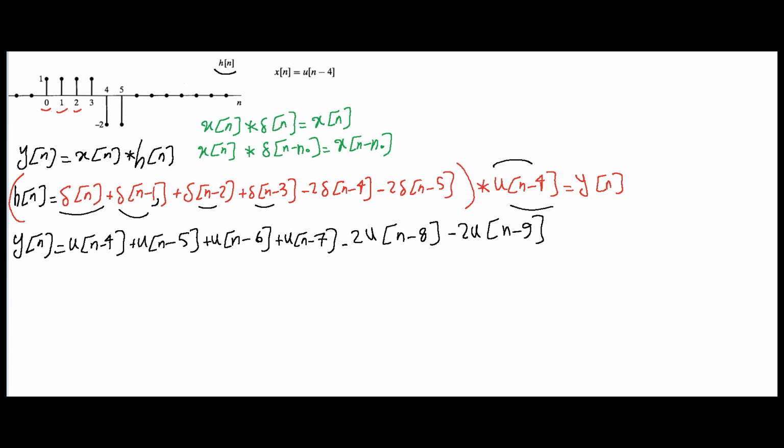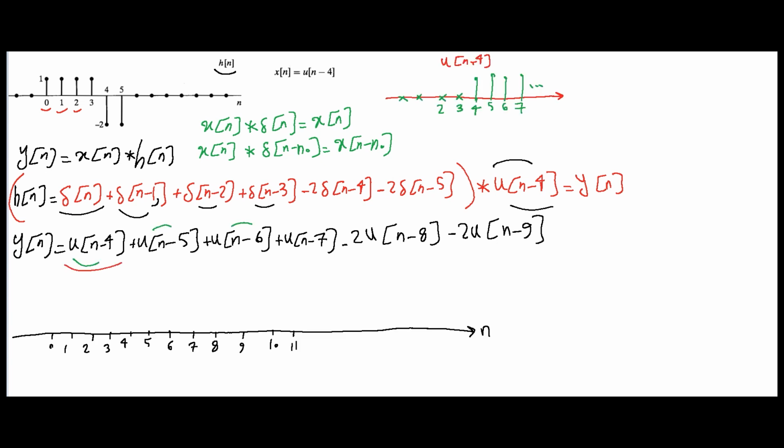Recall that the unit step signal u[n] becomes 1 at n equals 0. Therefore, u[n minus 4] becomes 1 starting at n equals 4.